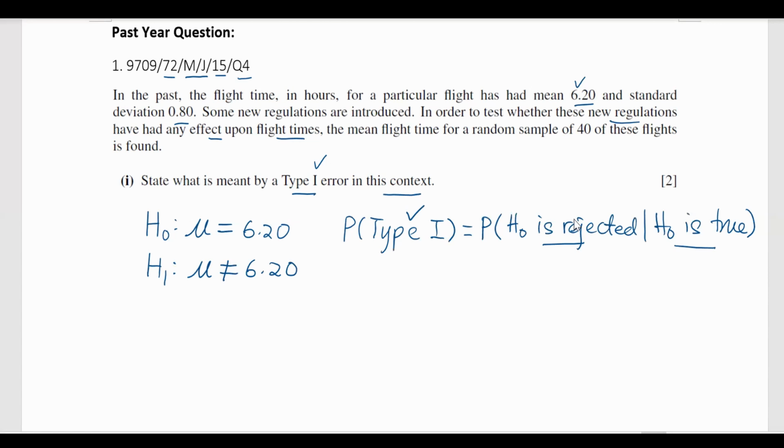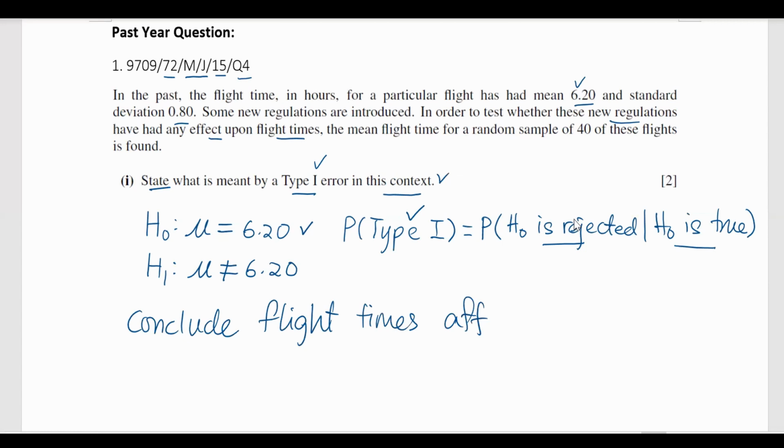So if we state this in the context of the question, it means we conclude that H null is rejected, we conclude that the flight times are affected. Why? Because we rejected H null.